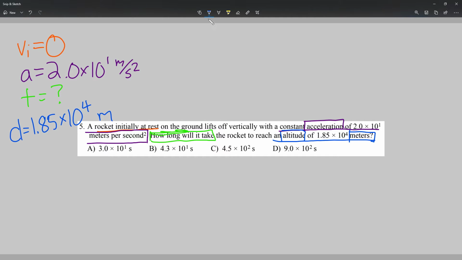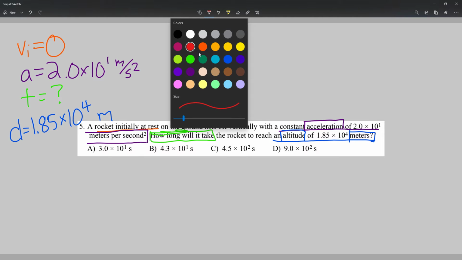So now I want to pick a formula to use. And hopefully you're doing this yourself, not just copying my answers, and you're paying attention. At this point, I don't want to keep bringing that formula window over.